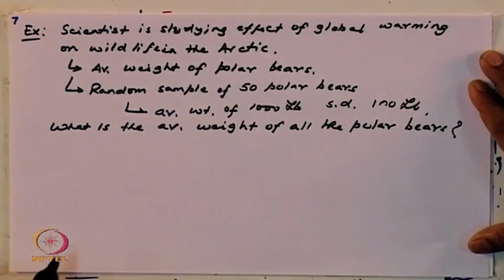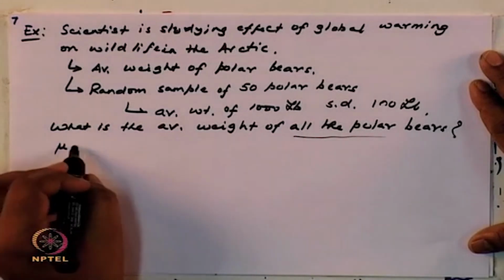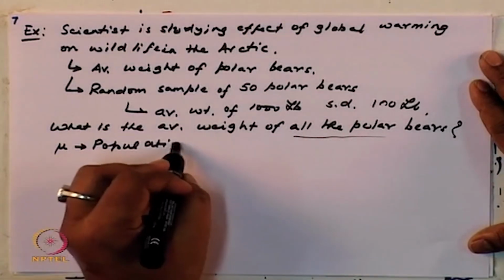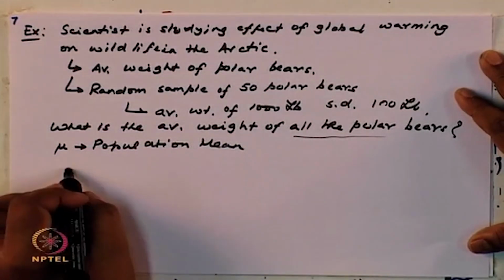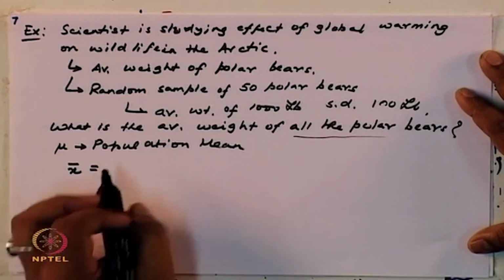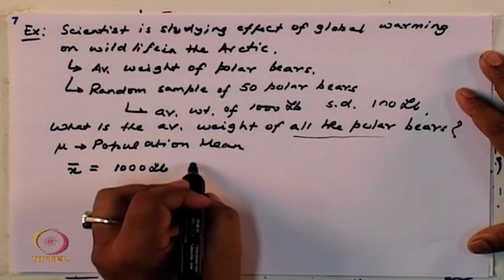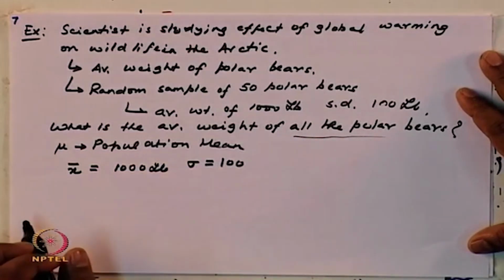All the polar bears means that you want to estimate mu, which is the population mean. And what you have been given is the sample mean x bar, which is equal to 1000 pounds, and the sample standard deviation sigma is equal to 100.